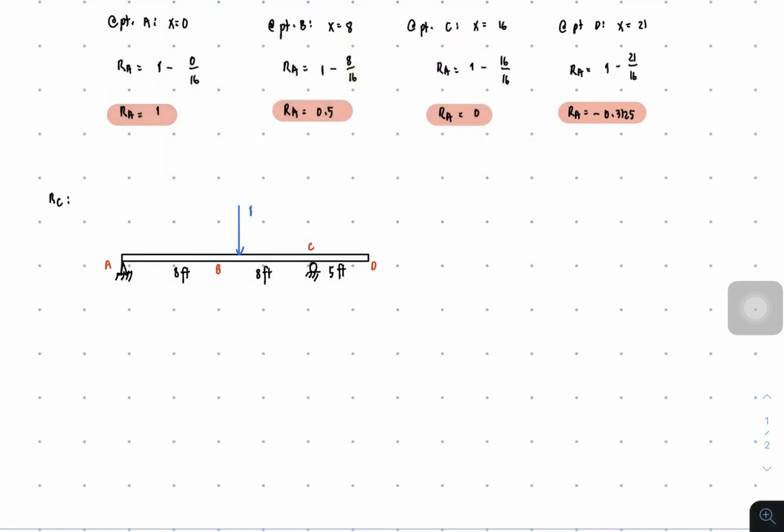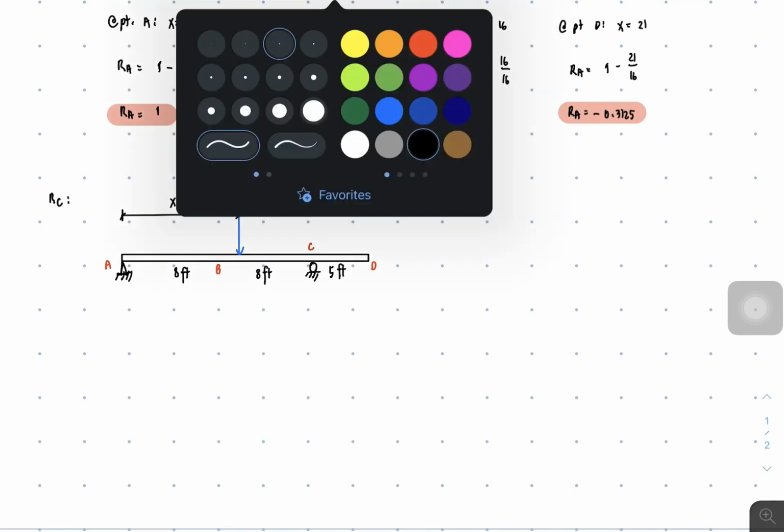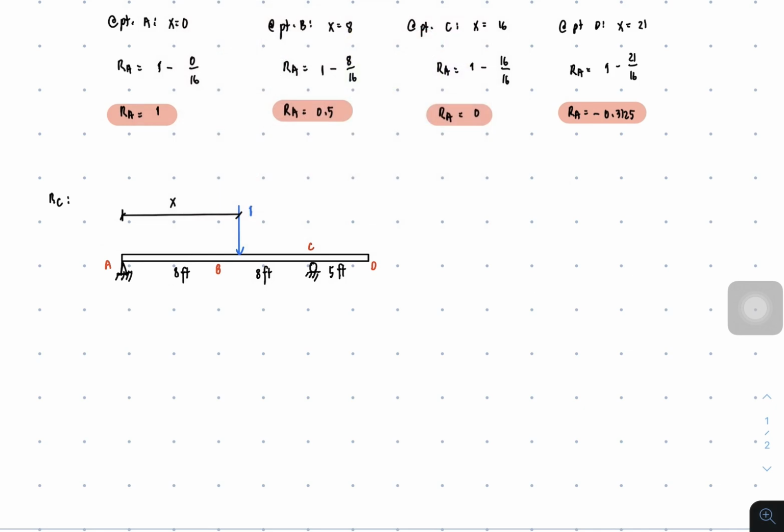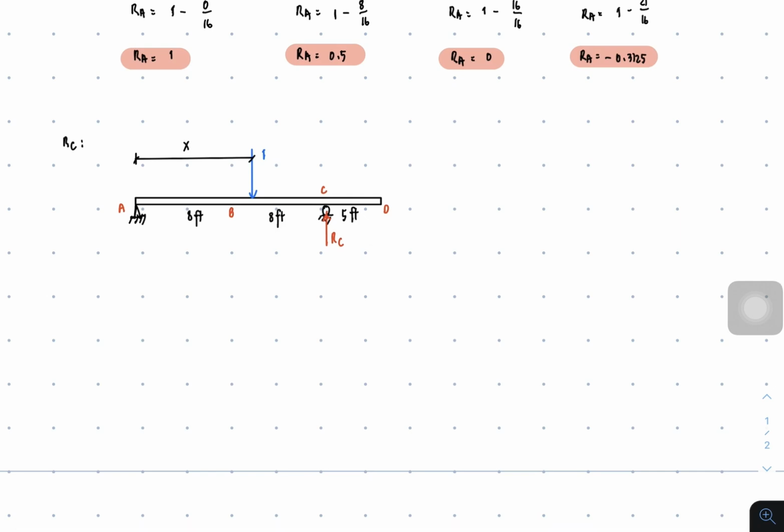Again, this is a distance equal to x, and this time, since we're getting the influence line of RC, we will now be placing RC here, and we will be rotating about point A so that RA will be eliminated.